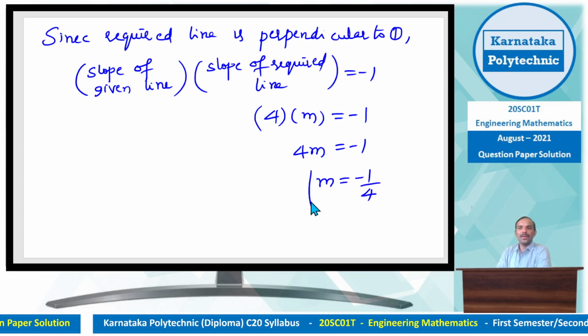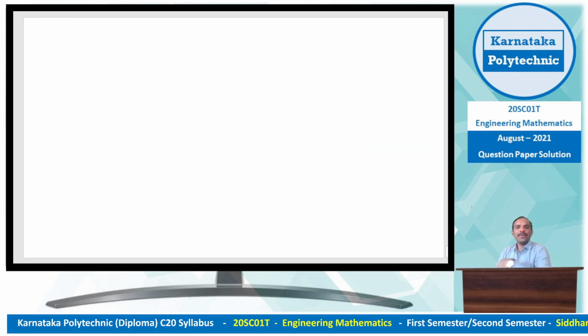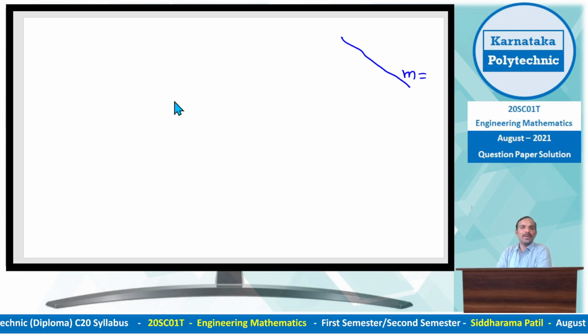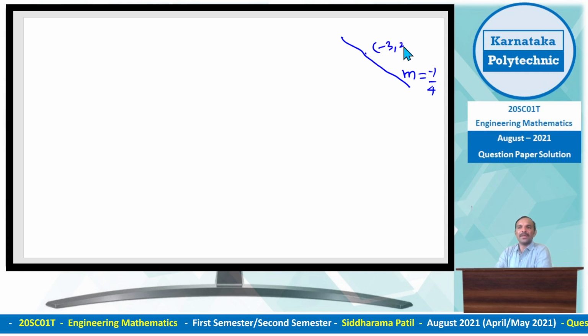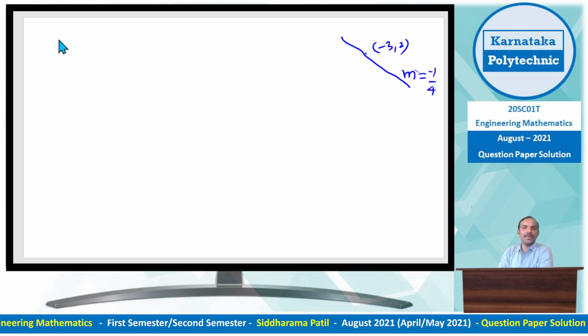Now you got the slope of the required line. The required line is a line having slope minus 1 by 4 and passes through minus 3 comma 2. You can use the slope one point form.